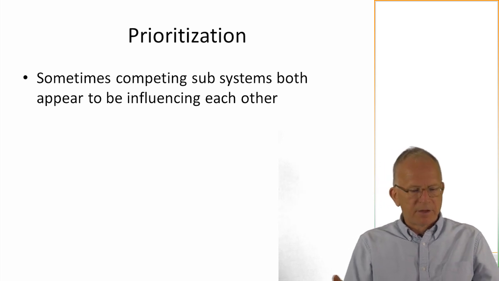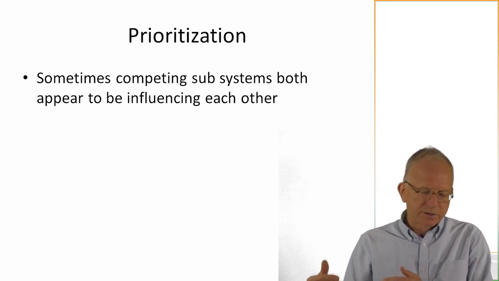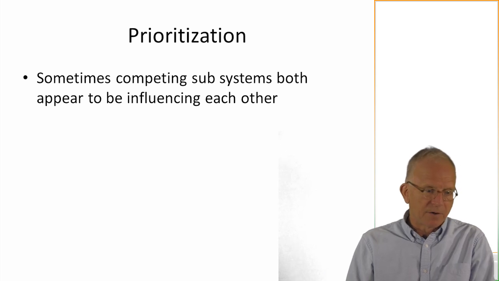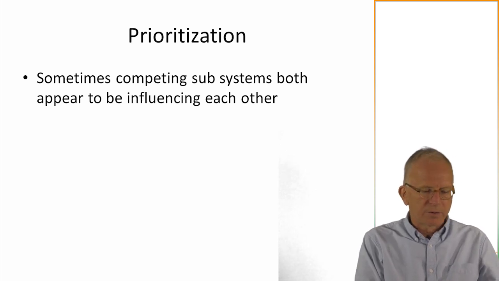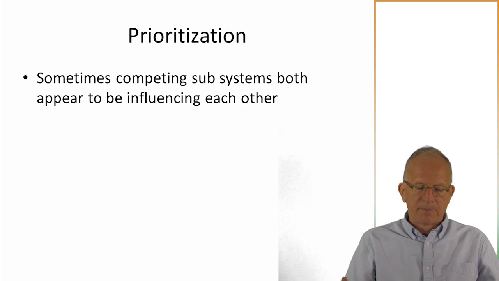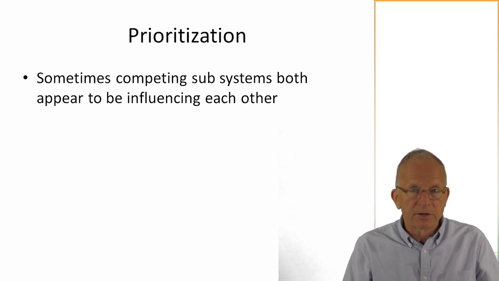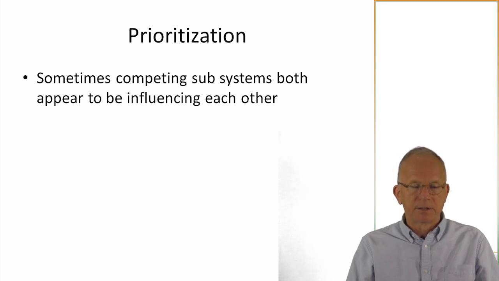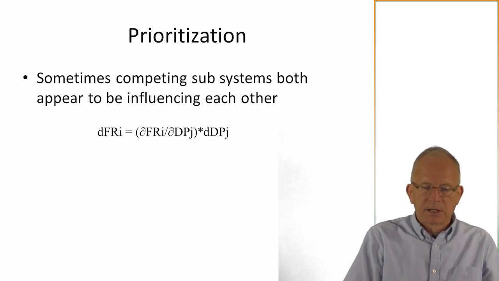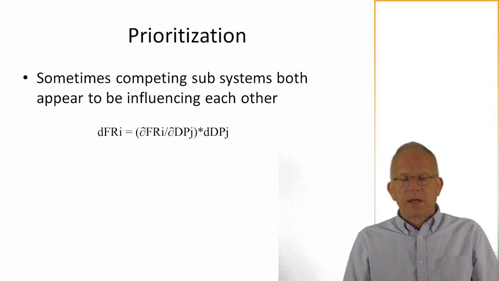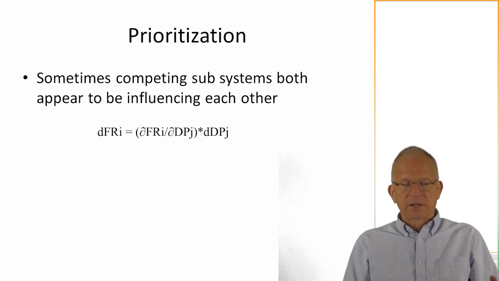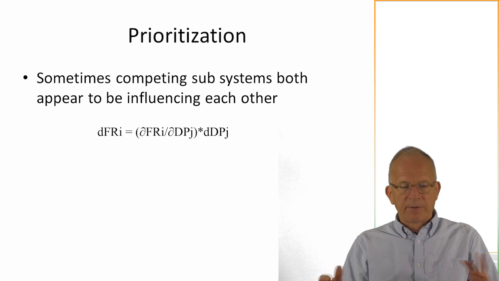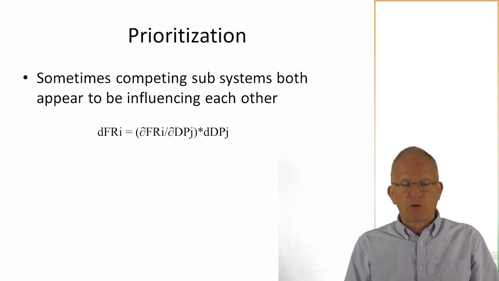So you have an FR for protecting the environment and an FR for creating energy. Which one comes first? How do you keep these things from being coupled? That's what we're going to take a look at here. Now, in the third section on this, we'll take a look at the derivatives and this differential form of the matrix.